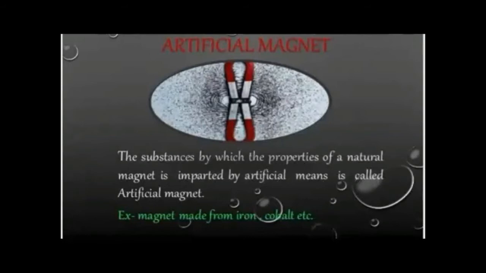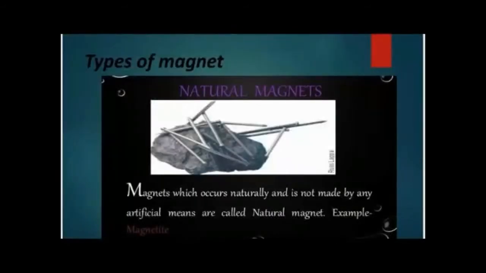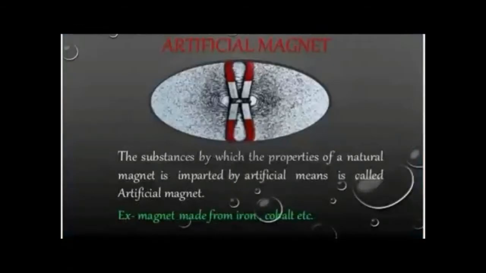So magnets have two types, natural magnet and artificial magnet. Examples of artificial magnets are magnets made from iron, cobalt, etc. Magnets are made from certain metals, and these metals are iron, cobalt, steel, etc. Things made from iron, cobalt, steel can be easily attracted by a magnet.